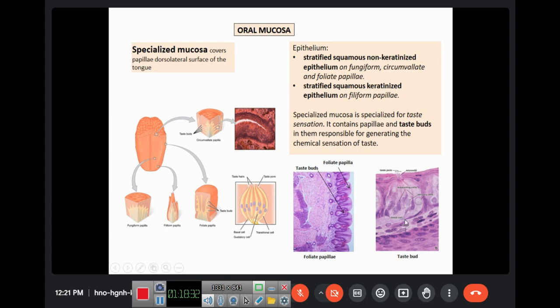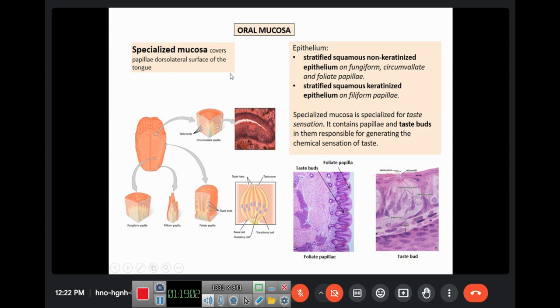This is one taste bud with the sensory cells in their structure. Sensory cells have microvilli with receptors for chemical molecules. Chemical molecules should pass with saliva to the space between adjacent papillae and act upon receptors on the surface of receptor cells. And so the sensation of taste happens.